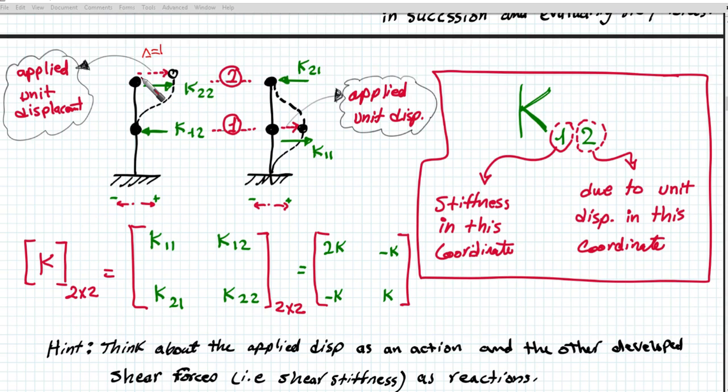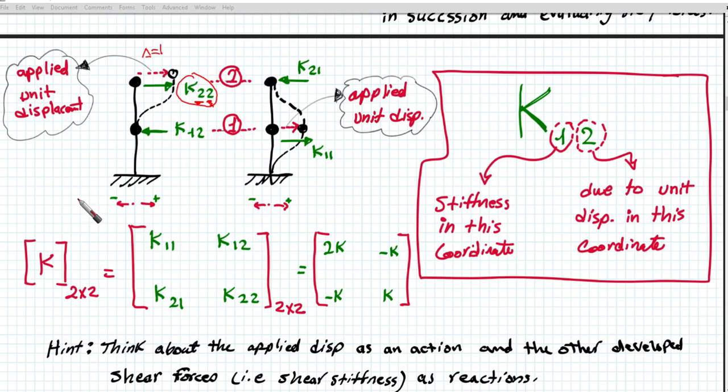Then, as we said, in the direction of displacement, the stiffness here is going to be as action. It is going to be K22, right? K22 is the stiffness at coordinate 2 due to unit displacement at coordinate 2. So what is the resistance here? It is the resistance of one column only, right?